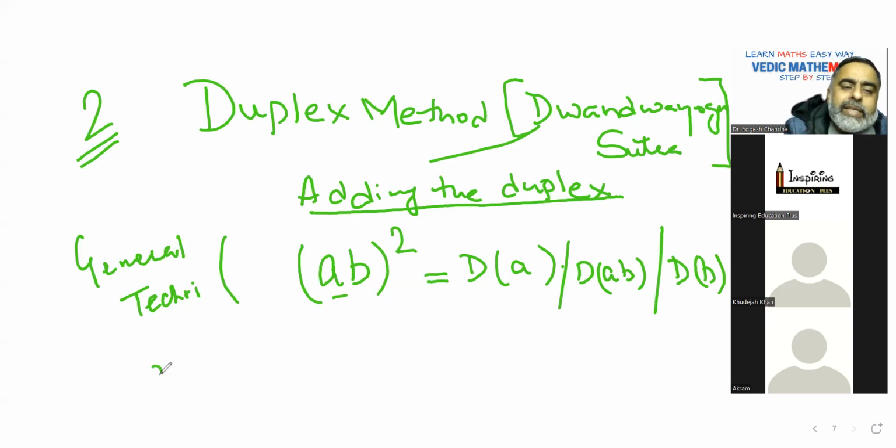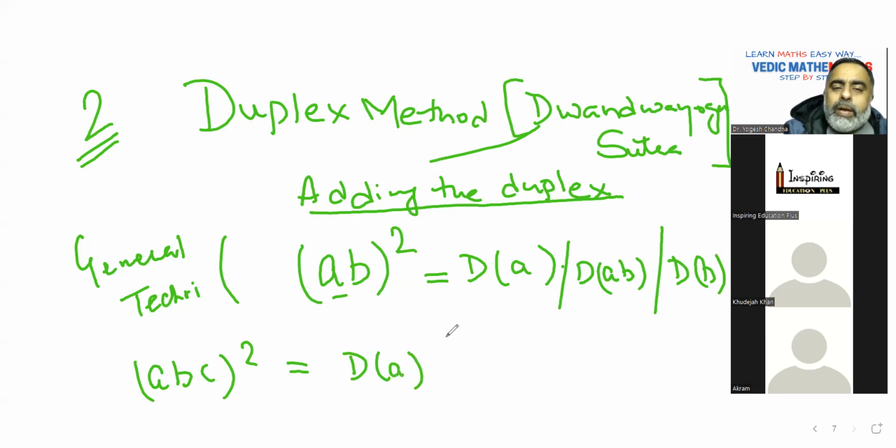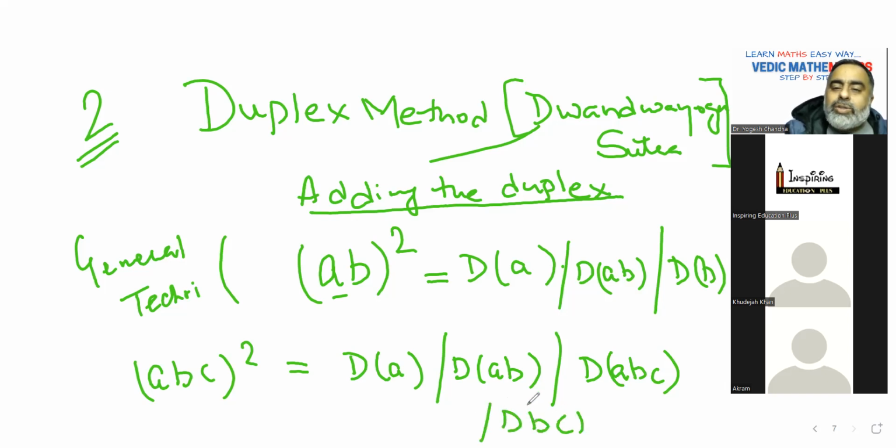So in case of 3-digit ABC square, it would be D of A, D of AB, D of ABC, and then D of BC, last two, and the last D of C. Now this is just duplexes. Still, we have to go one more step. You can take a screenshot of this. After this, I'll explain what is taken.